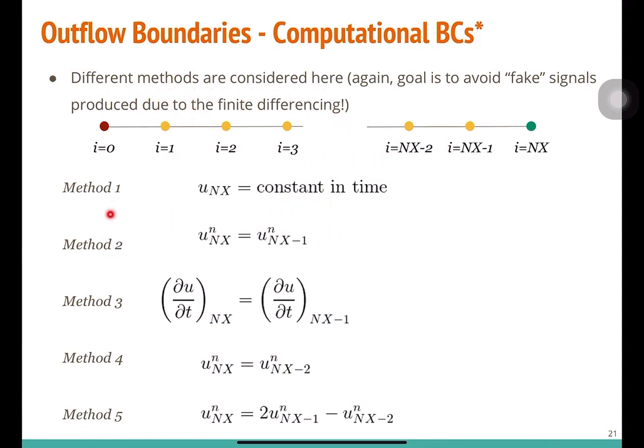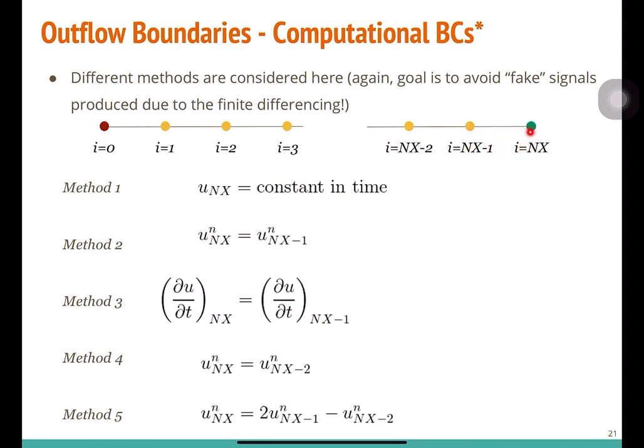So the first method, we're determining the value at i equals nx in here. Method 1 is that u_nx equals a constant in time. You can't just say that it's 0 all the time. Okay, and then method 2 is that we can decide that the values of these two are the same. So when you do the last step in here, you will only have one unknown, right?